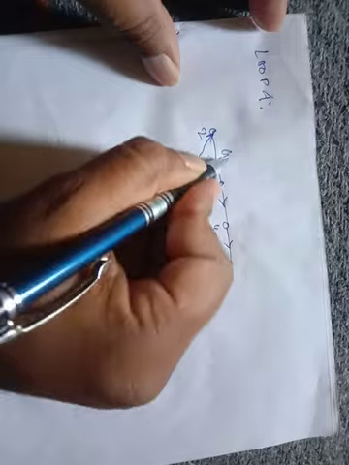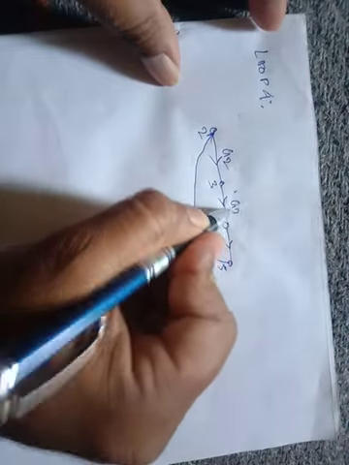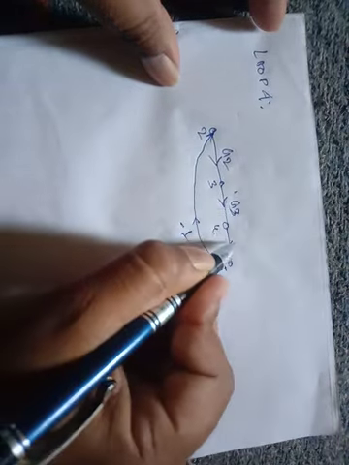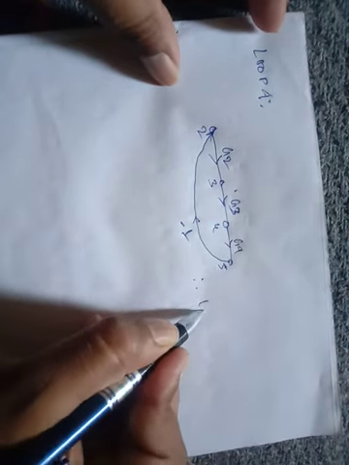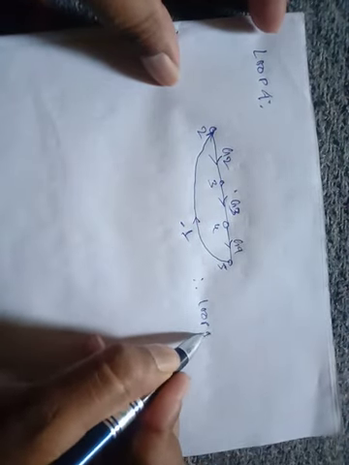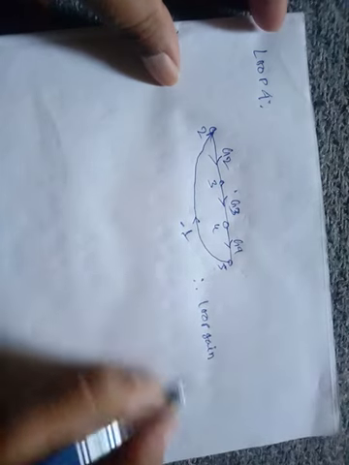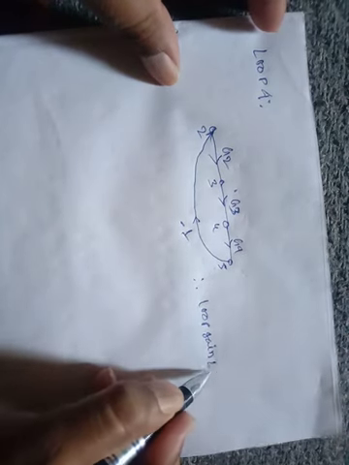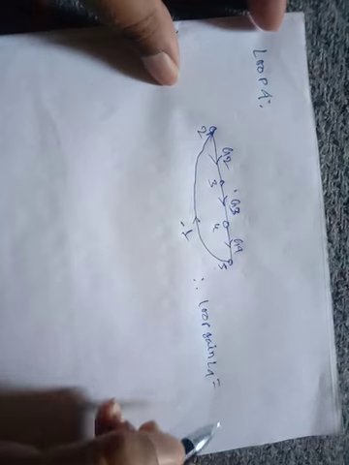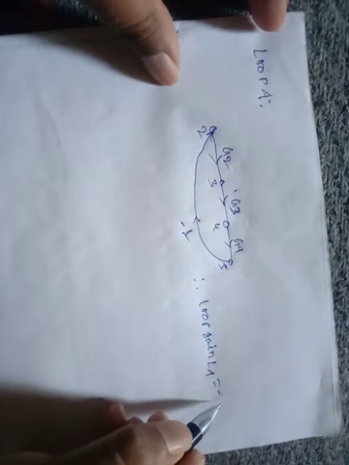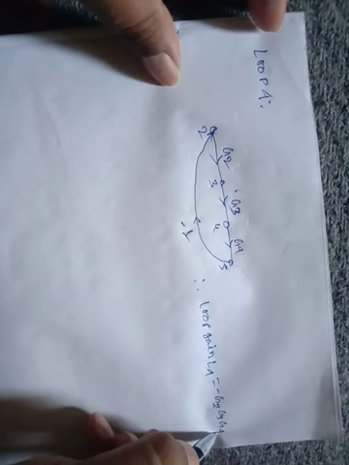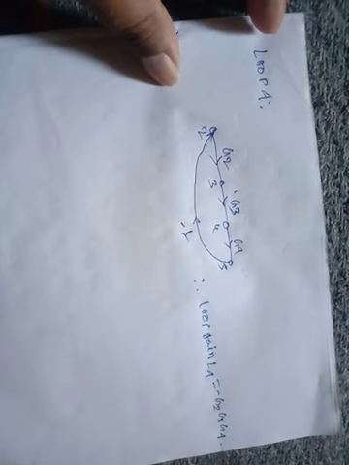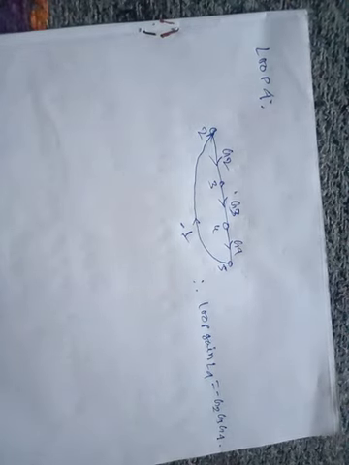The gains are G2, G3, G4. Therefore the loop gain L4 is equal to minus G2 G3 G4. So there are four loops.